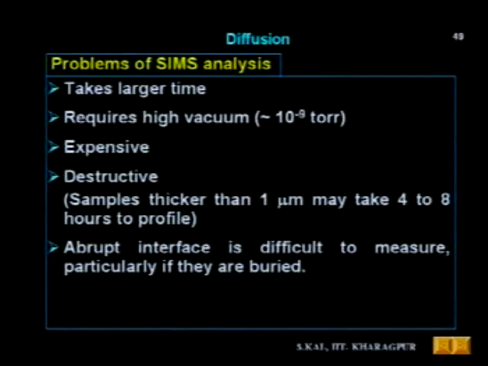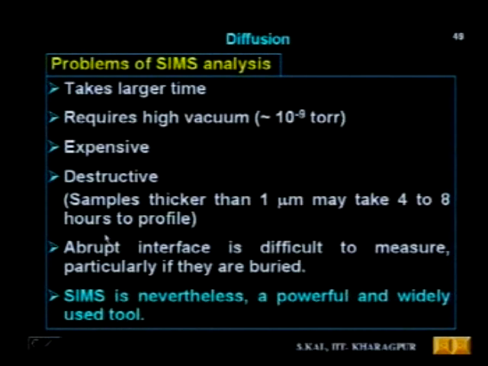That means for thicker samples using the SIMS technique, measurement of profile is highly expensive. Abrupt interfaces are difficult to measure, particularly if they are buried. These are the problems of the SIMS. In spite of all those problems, SIMS is nevertheless a powerful and widely used tool for profile measurement.